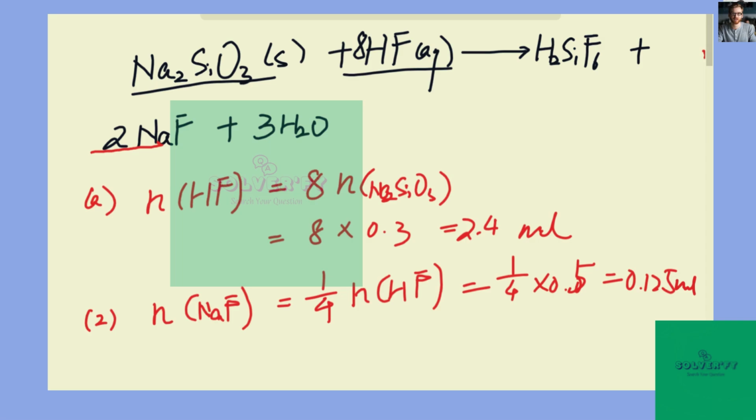And it asks us about the mass. So the mass of sodium fluoride simply equals moles of sodium fluoride times the molar mass of sodium fluoride, which is 0.125 times 23 plus fluorine, I think it's 17, right?